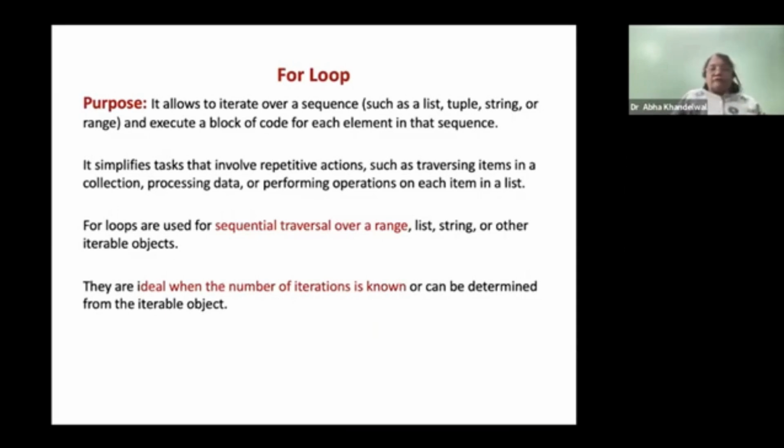For loops are used for sequential traversal over a range, a string, and other iterable objects, and they are ideal when the number of iterations is known. This is the most important and peculiar feature of the for loop.